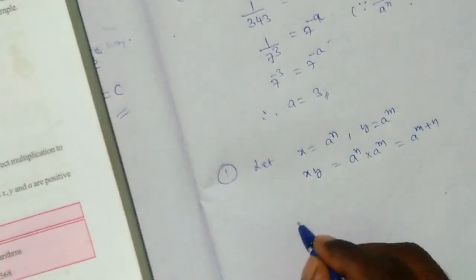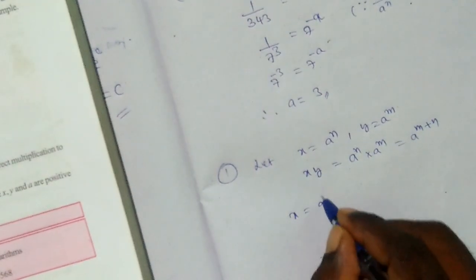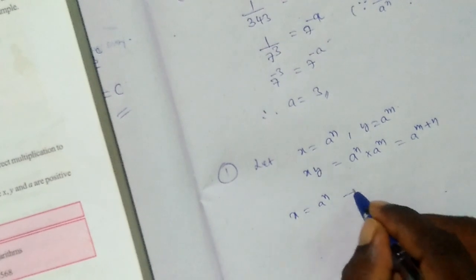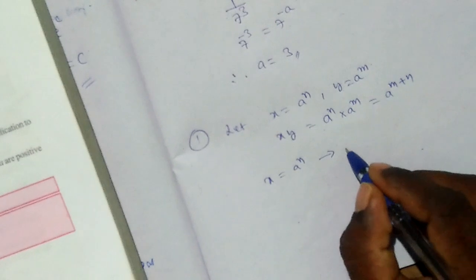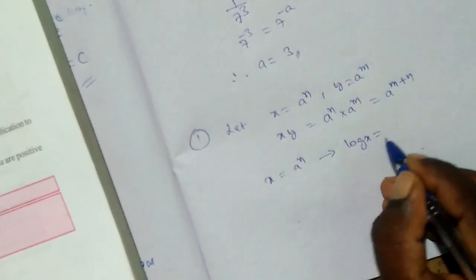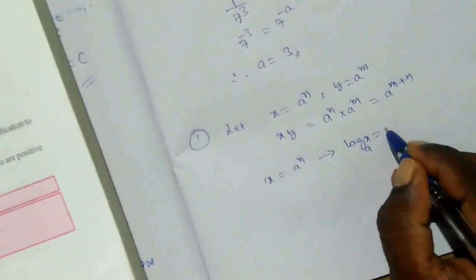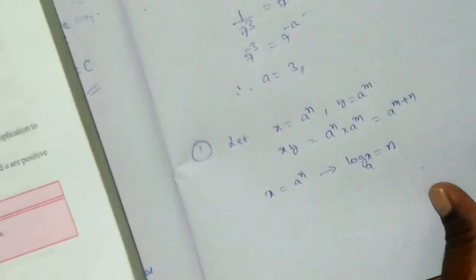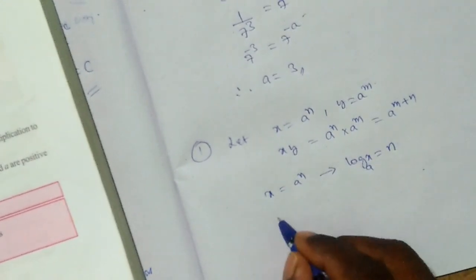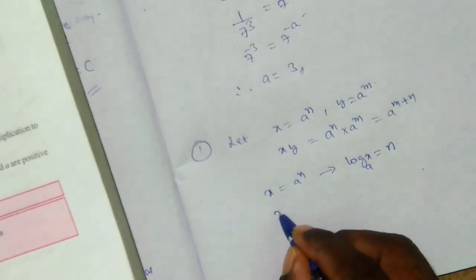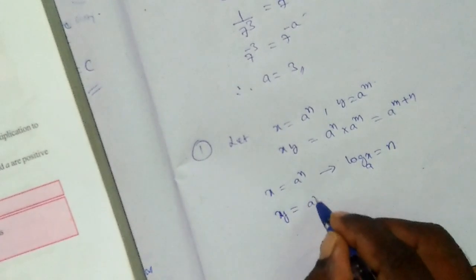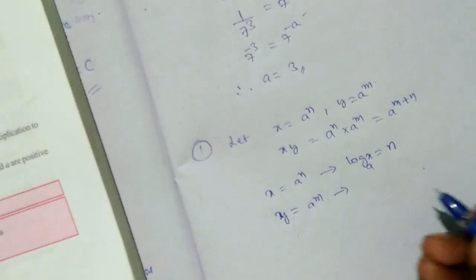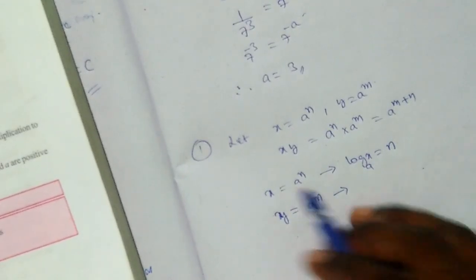So x is equal to a to the power of n. What is the logarithm form of this one? Yes, you are correct. Log x base a is equal to n. Now y is equal to a to the power of m, then what is the logarithm form of this one?